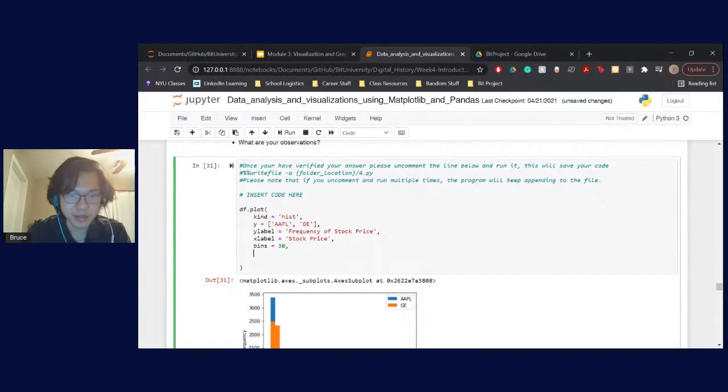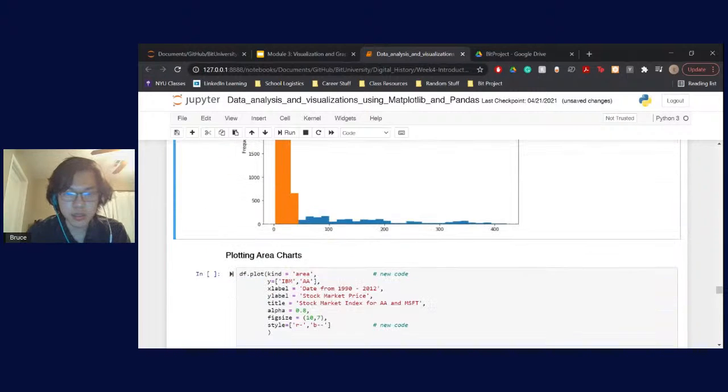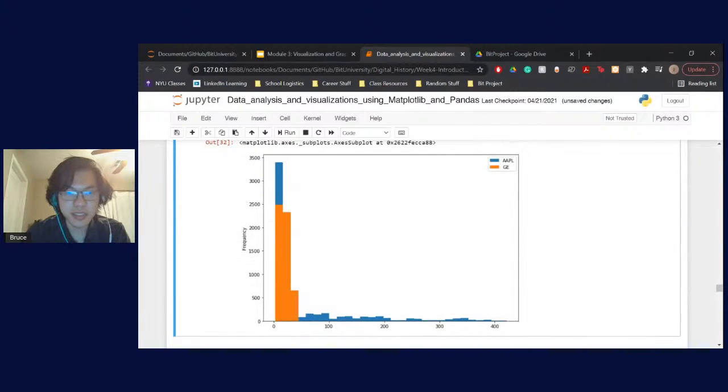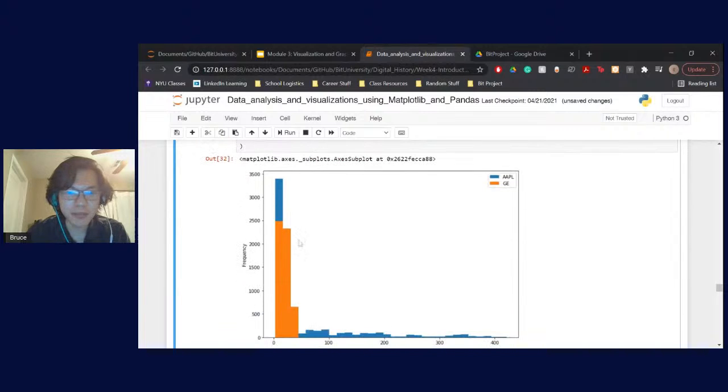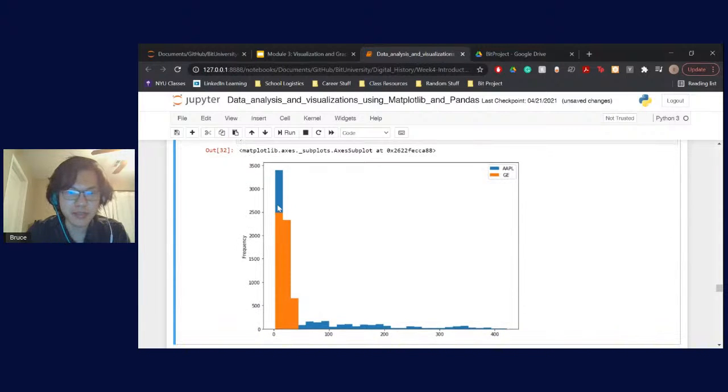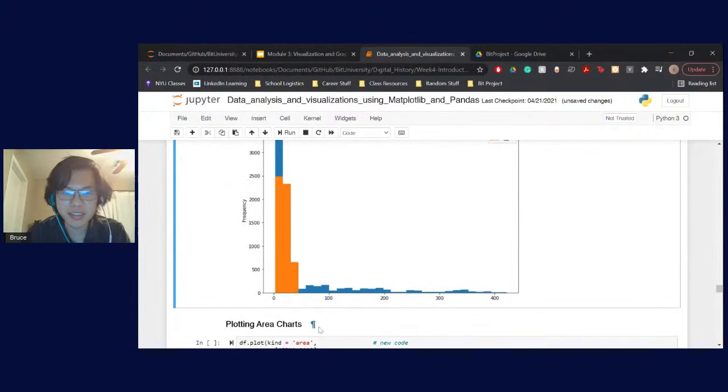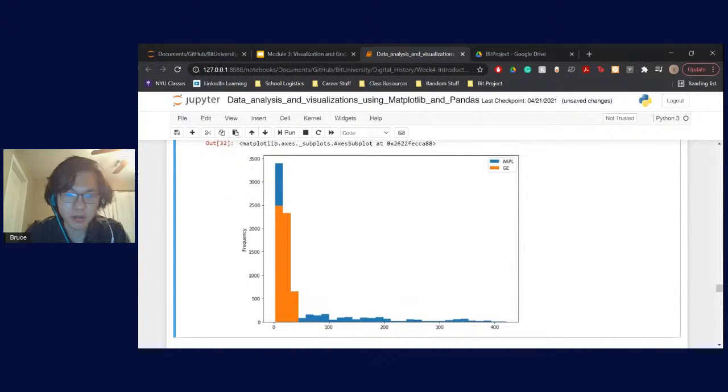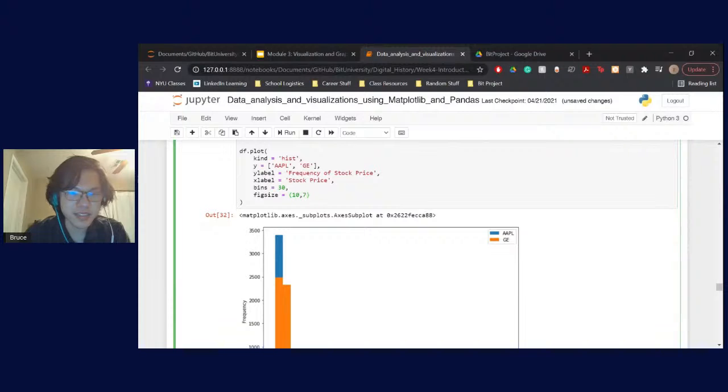Let's make the figure size a little bigger. Okay. What do I notice? We'll see that both Apple and GE have spent most of their time clustered at the lower ends of their stock prices. Let's see, does this make sense if we just look at the plot?